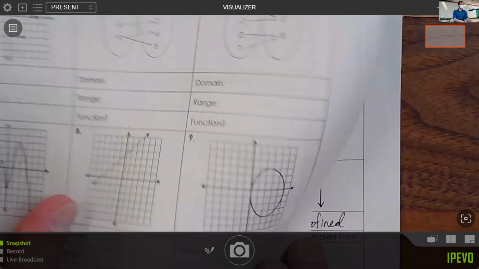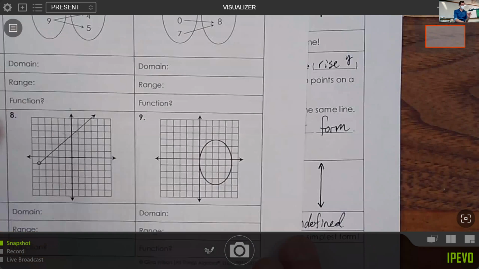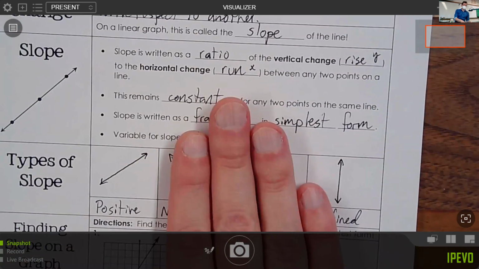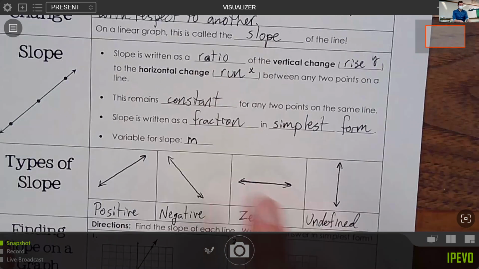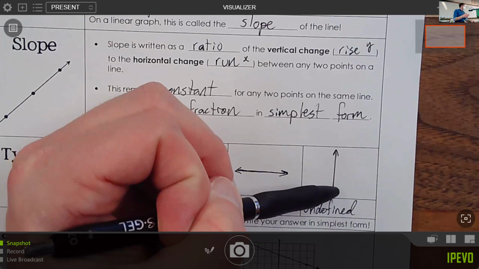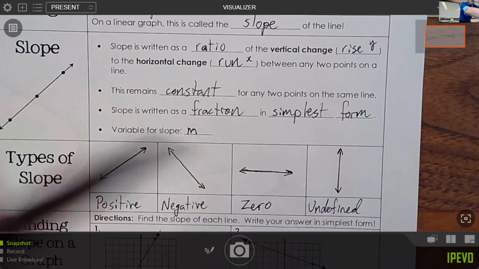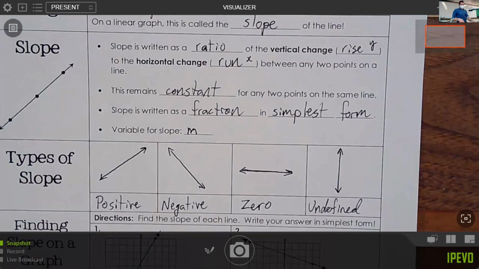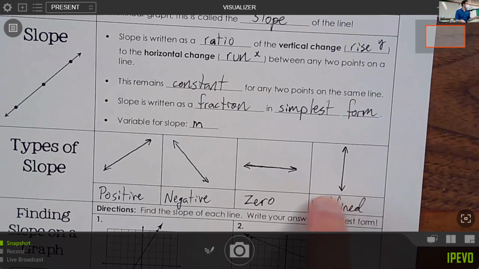Everything that we look at in this unit is going to be a function. And since this is a vertical line and it has stacked points, that means that it is not a function. All right, Francisco. It means that it's not a function. And because it's not a function, that means it doesn't have a slope because it's not actually a line or a function.